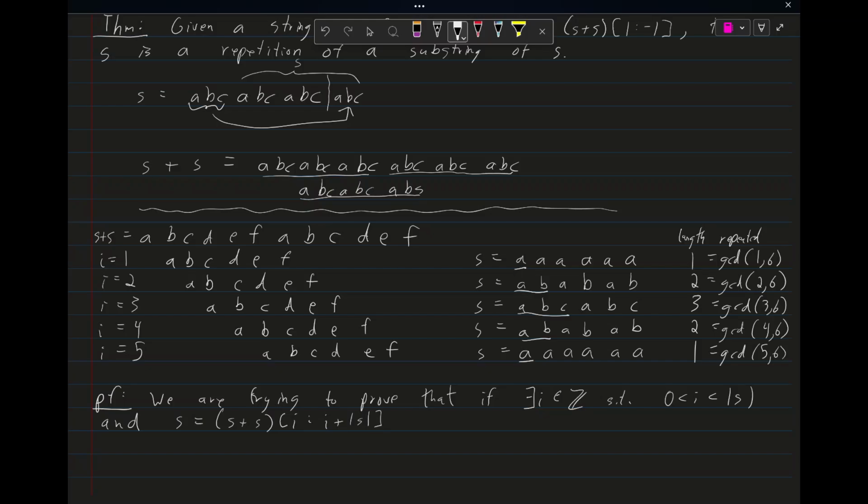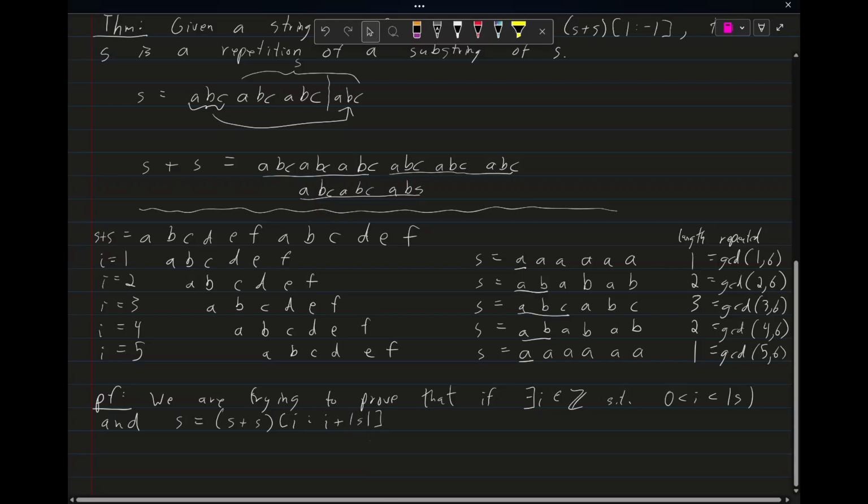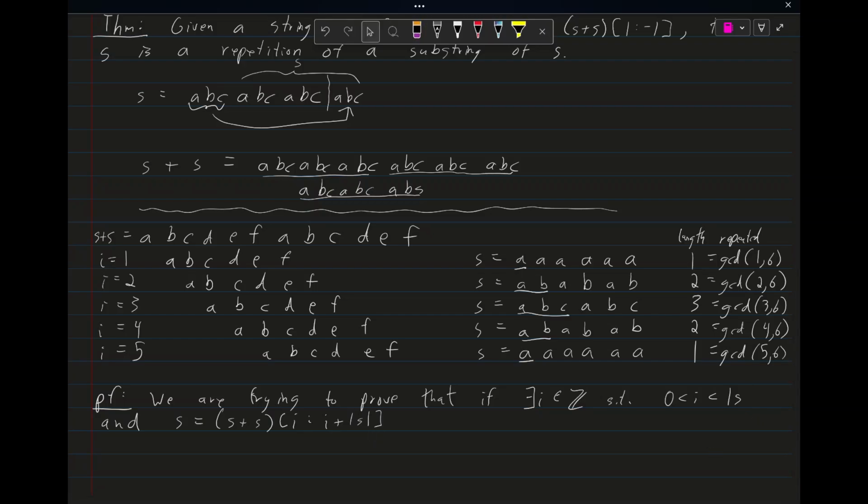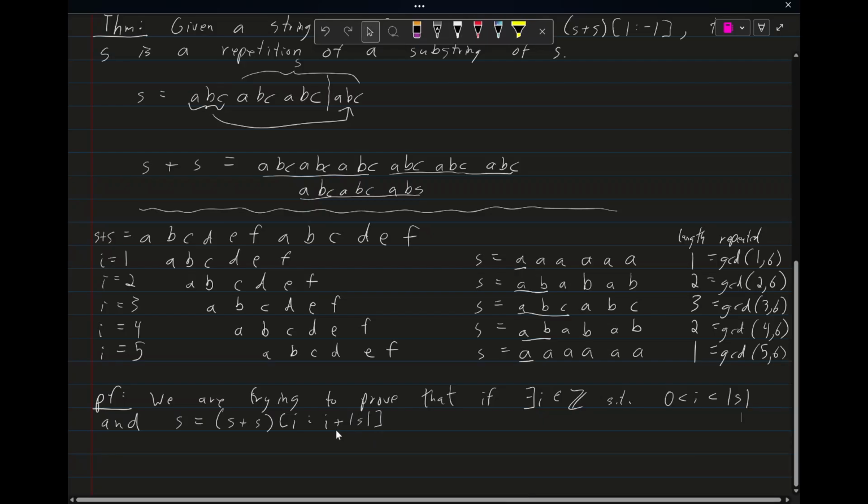Okay, and so here we can see just from this formula that if I were equal to the length of S, then this would go up to 2S, and that would be the end of the string, so that's why we have to stop at the length of S minus 1. Also keep in mind that we're using Python notation, so it's indices I up to I plus the length of S minus 1.